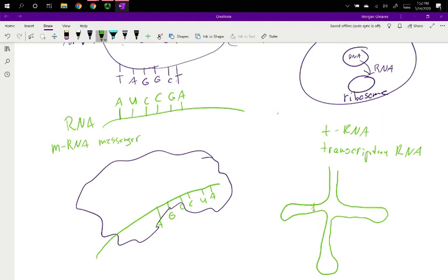And so there's A's and U's and C's and G's. Like, they fold up on themselves. Attached here is an amino acid. Serine, alanine, lysine, something. There's a protein out there that grabs tRNA, slaps an amino acid on it.